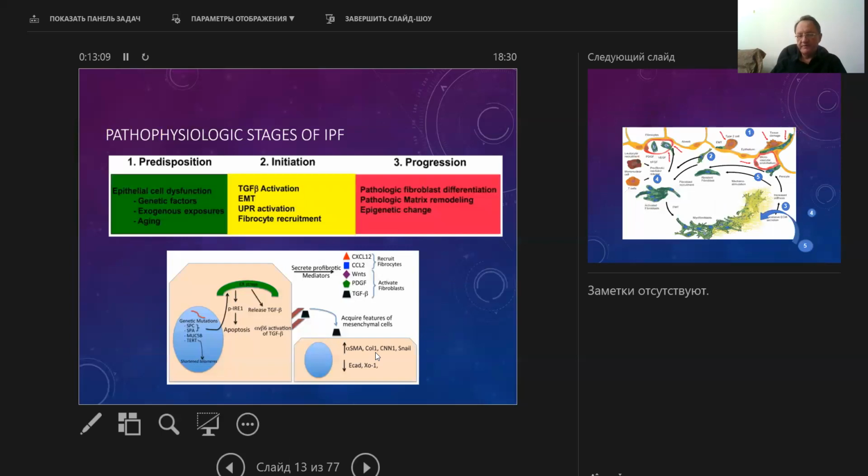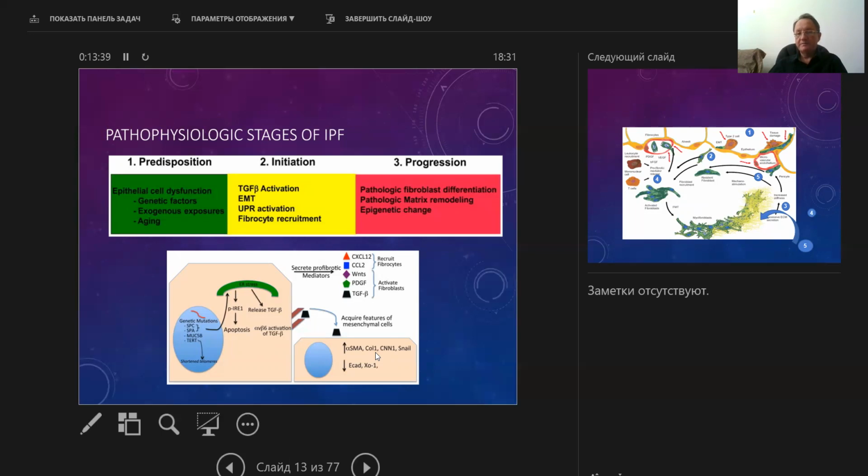Pathology stages of IPF include predisposition, initiation, and progression. In the case of predisposition, it includes genetic factors, exogenous exposure, hazard factors, and aging, which lead to sometimes diffuse damage of the alveoli.